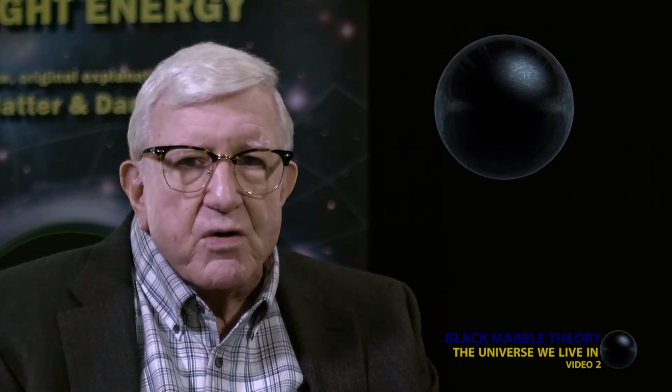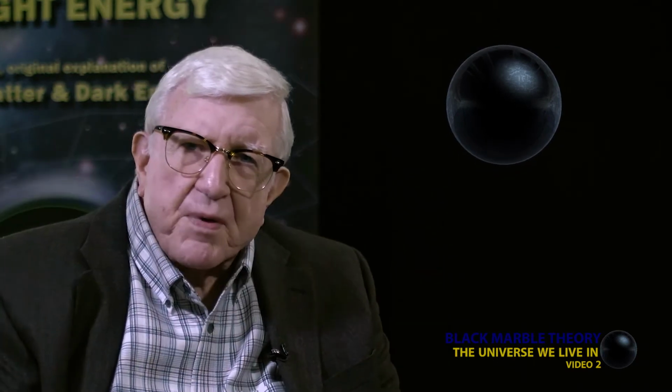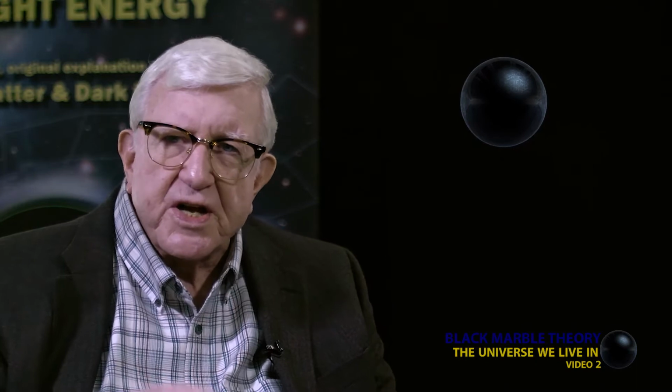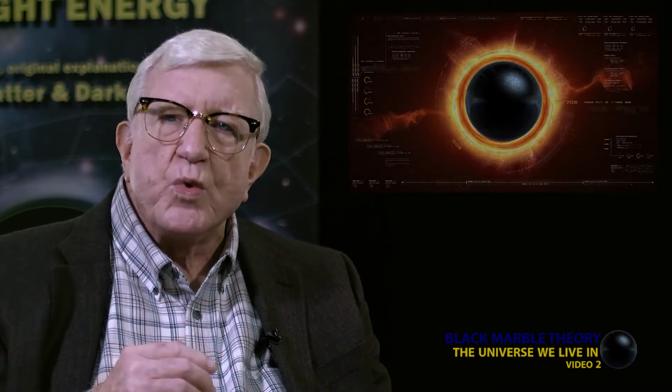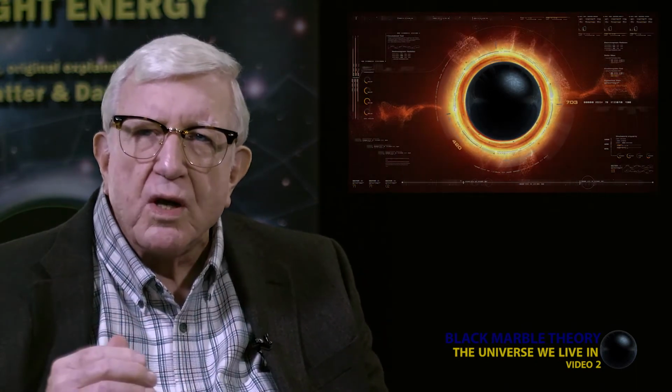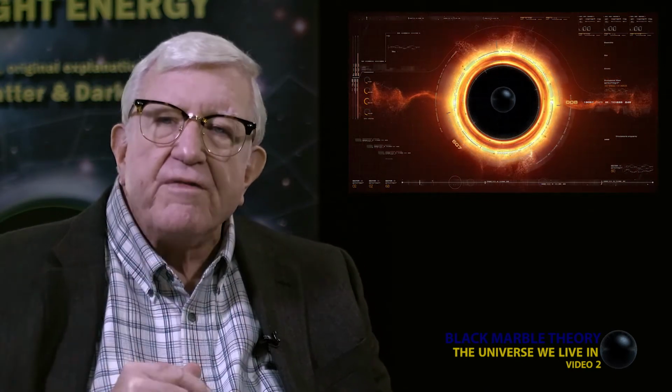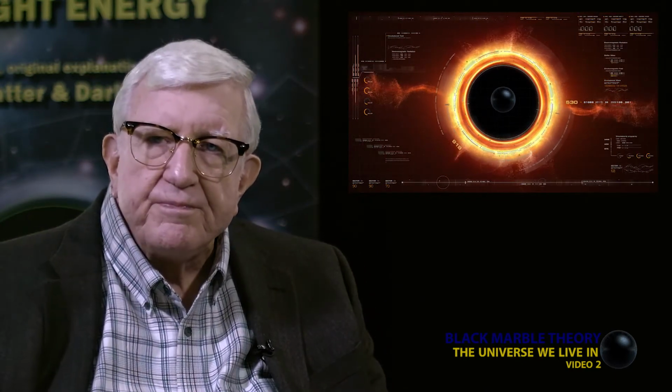And I call this sphere a black marble. It's made of black matter, which is incompressible and inert. If the black marble is big enough, it will warp the space in its vicinity into an object that we call a black hole. So there's a black marble at the center of every black hole.